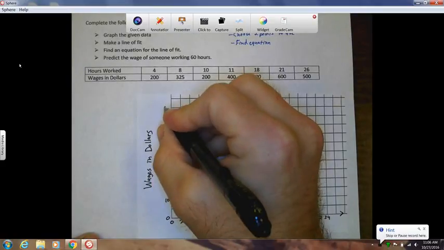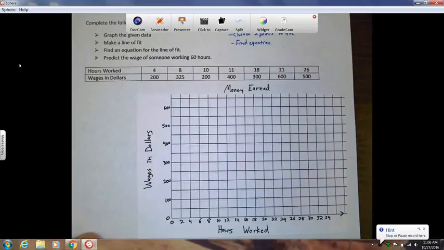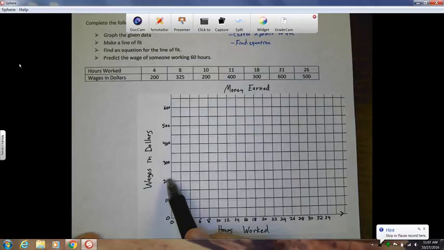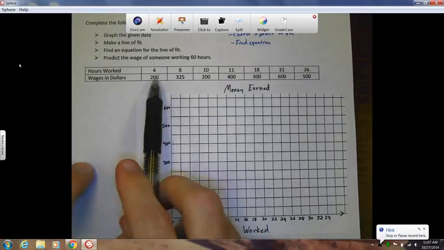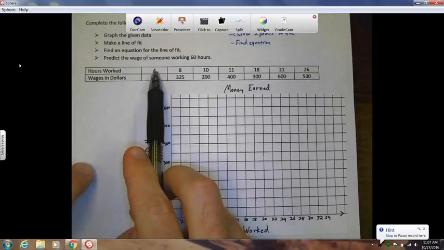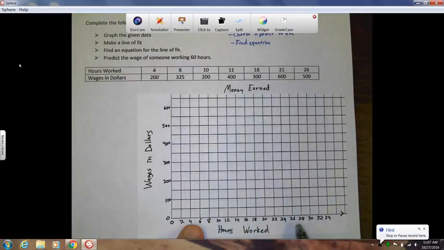I didn't write every one of them, but I skipped a line, so every one is 50. I already did the x-axis. I looked at my smallest number, which was 4, and my biggest number is 26. So it's going to be here. I went up by 2s because I want to use as much of this space as you can.